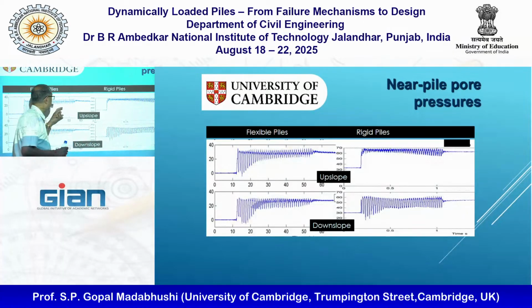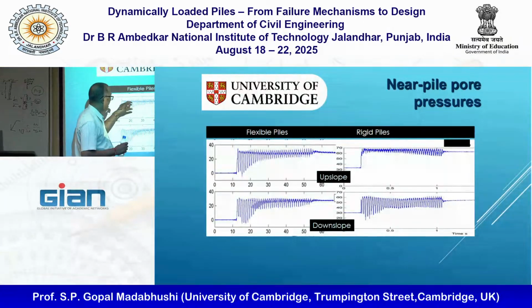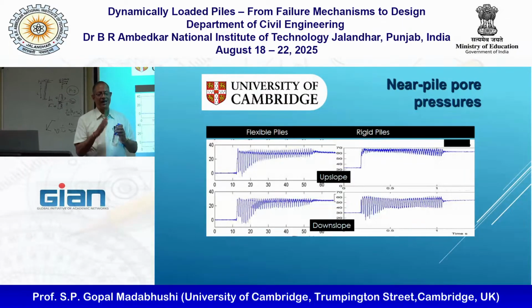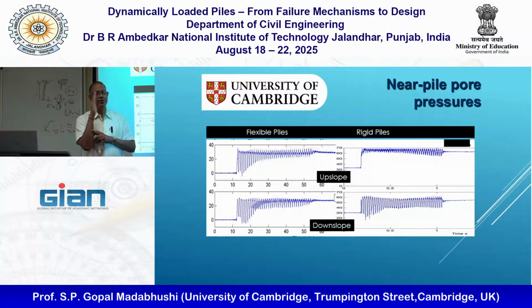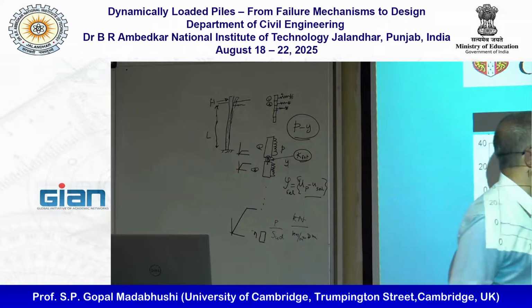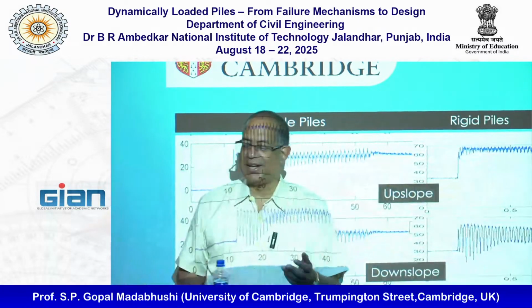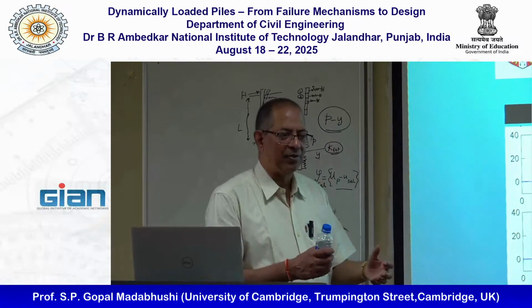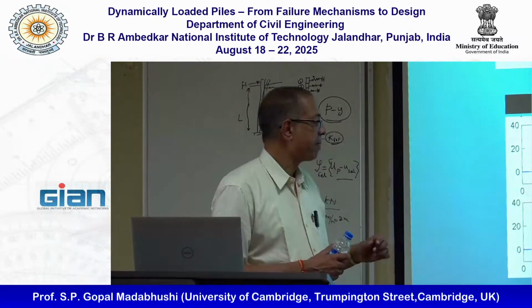When it's flexible, I'm getting much bigger cycles. And that makes sense. If the pile is flexible, it can move a lot, and upslope I will pick that up. If my pile is rigid, then it won't let the soil oscillate so easily, so I'm not getting those oscillations. So immediately you can see the effect of a rigid pile versus a flexible pile.